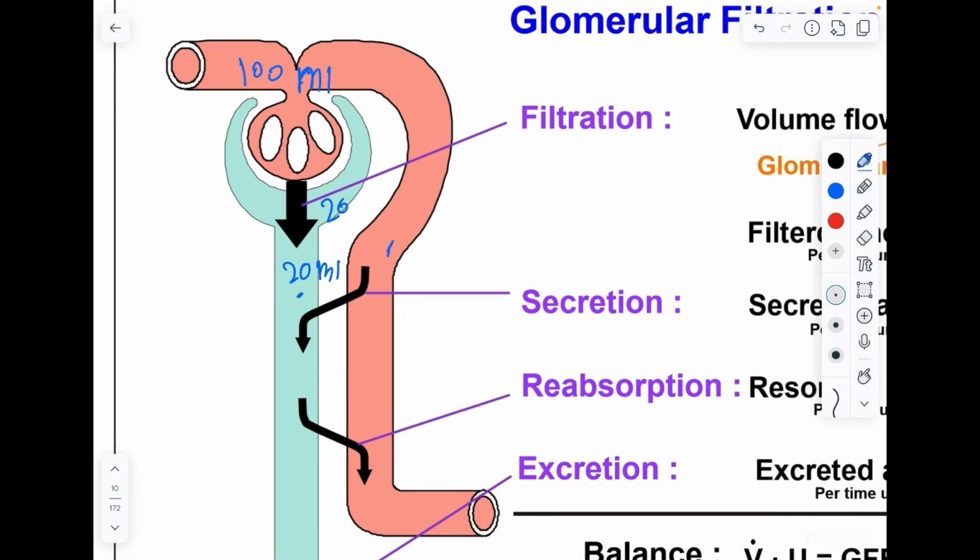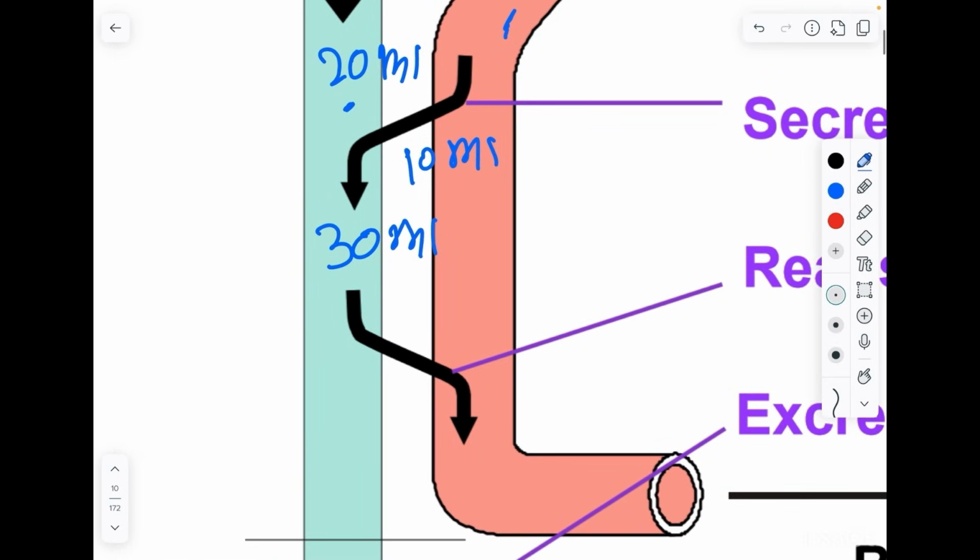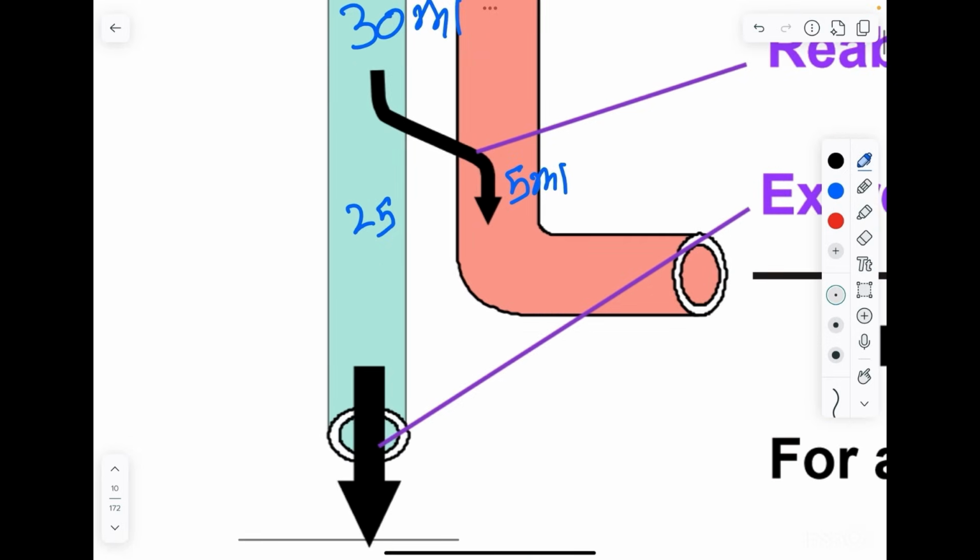If it secretes, let's say, 10 milliliters, then we will have 30 of this substance here. Does that make sense? And then 5 of it had been reabsorbed, so what's left here is 25, right? This 25 milliliters is what we call the excreted amount, what's coming out.